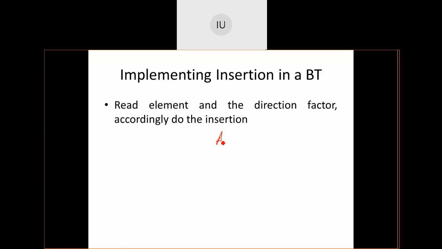Next, B and C. Where do they have to be? Can I draw B on the left and C on the right? Okay, D. What is the position of D? Left of B. What will be right of B?